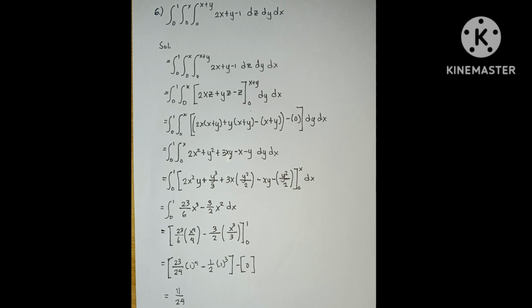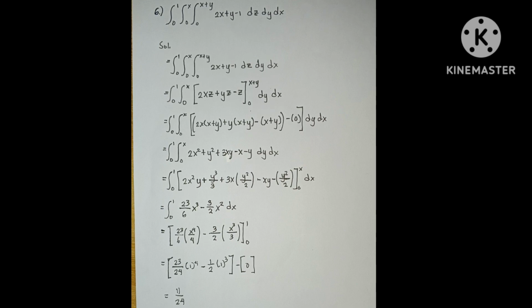We're just going to integrate. So we have the integral from 0 to 1 with respect to x, and the integral from 0 to x with respect to y of 2x z plus yz minus z, from 0 to x plus y. Next, we distribute the value of z.